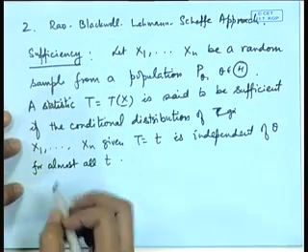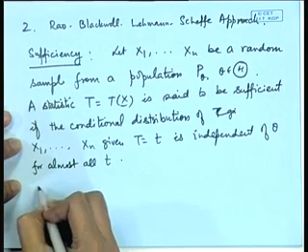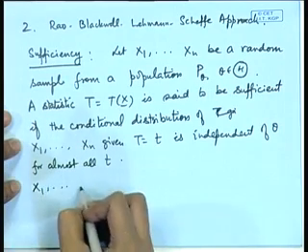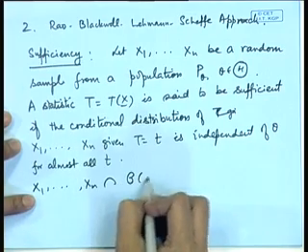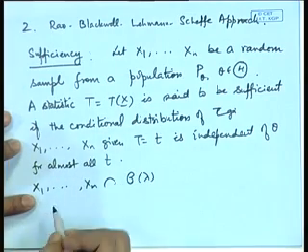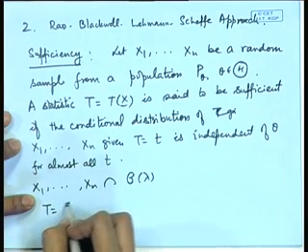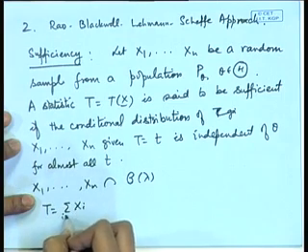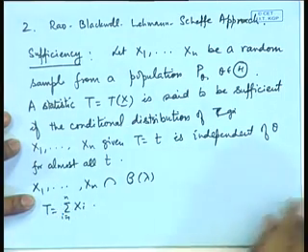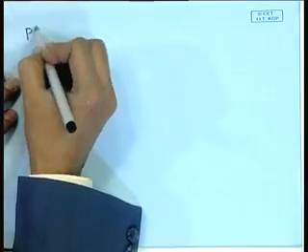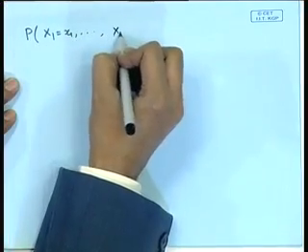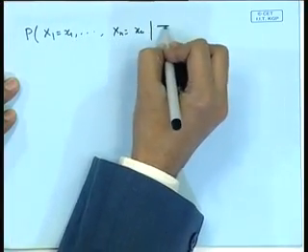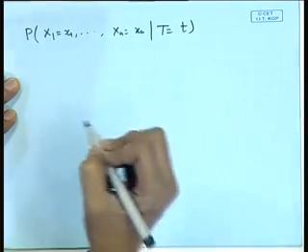Let us take an example here. Suppose I consider x1, x2, ..., xn follow, say, Poisson lambda distribution. Let us define T to be sigma xi, i equal to 1 to n. Let us consider the conditional distribution of x1, x2, ..., xn given T = t.